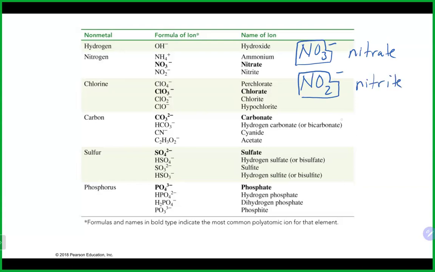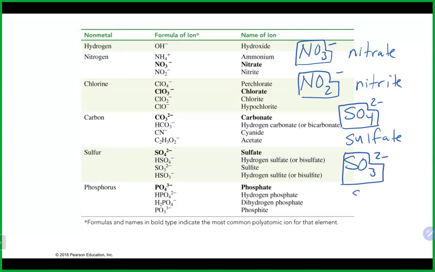For example, if we have SO4 2 minus, once again, all those guys are going to stay together. The whole thing has a -2 charge. That is known as sulfate. SO3 2 minus is known as sulfite.